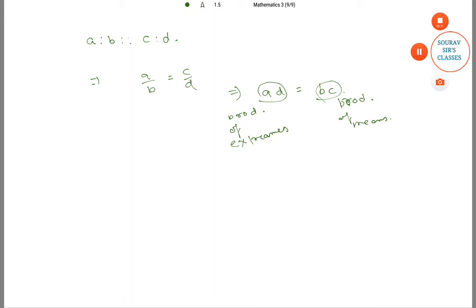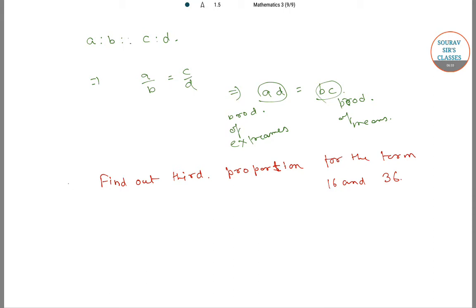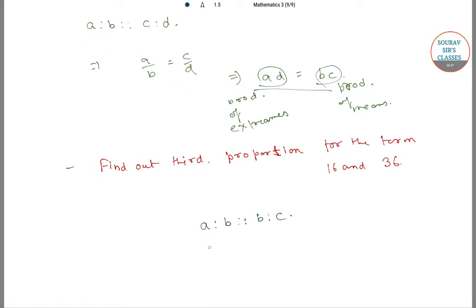For example, suppose we have the following question: we have to find out the third proportion of 16 and 36. To find the third proportion, we write A is to B proportion to B is to C. From here we know that the product of extremes is equal to the product of means, that is A into C is equal to B square.